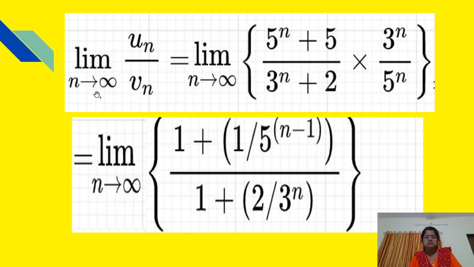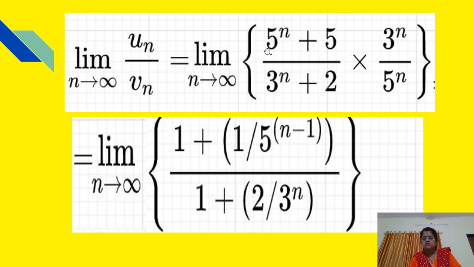Now consider limit n tends to infinity un upon vn, which is equal to limit n tends to infinity (5 raised to n plus 5) divided by (3 raised to n plus 2) into 3 raised to n divided by 5 raised to n.